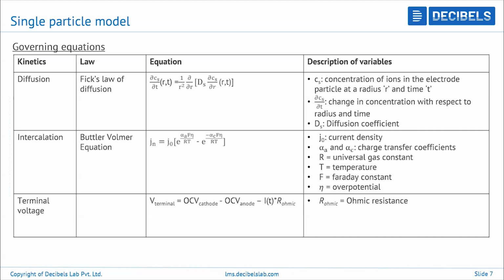So there is something known as a gradient of ion concentration. It's basically how many ions are present per volume or per area of the electrode material. If there's a change in the concentration gradient, then there is also a change in the rate of diffusion. That's what this equation talks about.